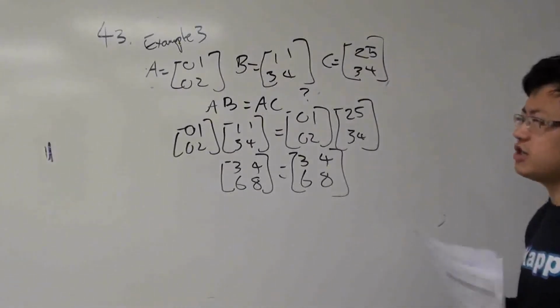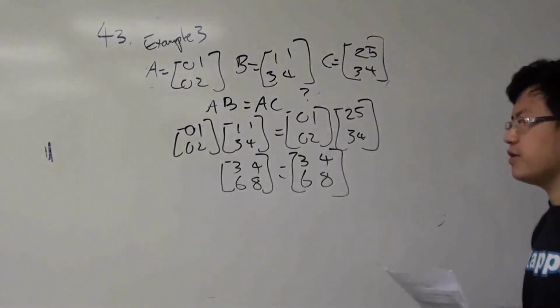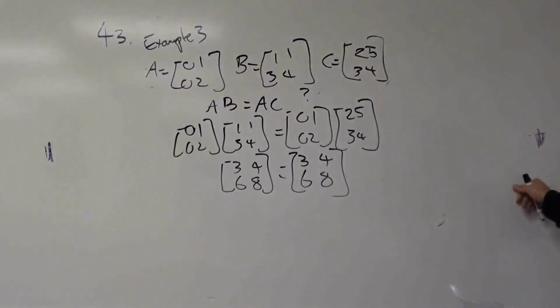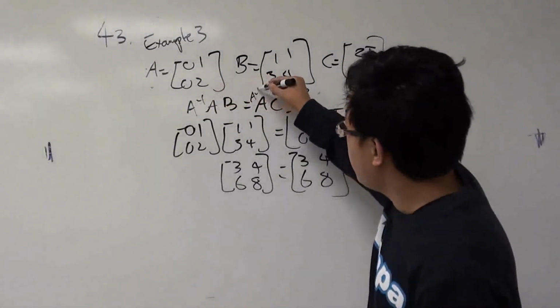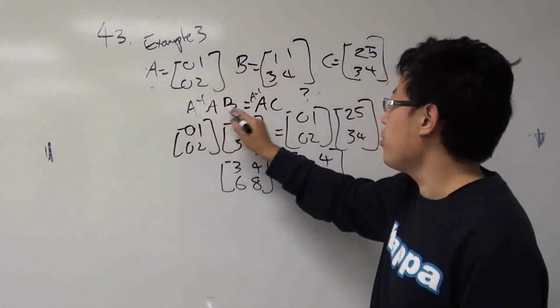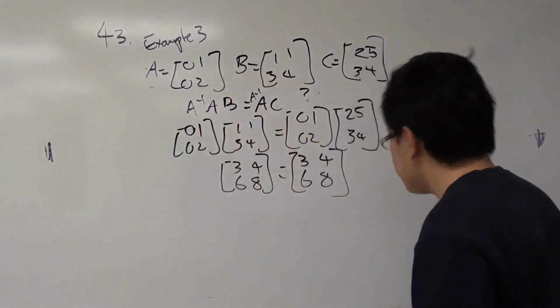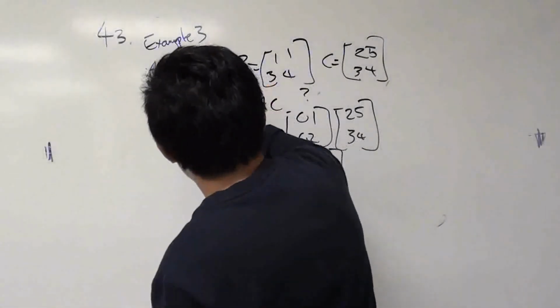The moral lesson they're trying to teach before we solve 43 is that just because AB equals AC doesn't mean you can cancel out the A. You can, but that's where we have to use the inverse, right? The inverse of A, so remember what we did? We did that, and then it canceled out both A's together, but in this situation, we can't do that.